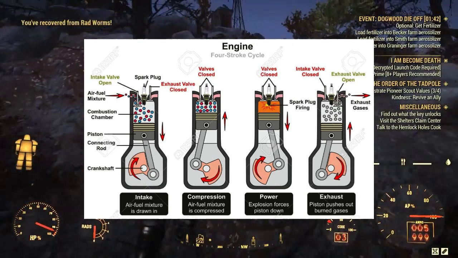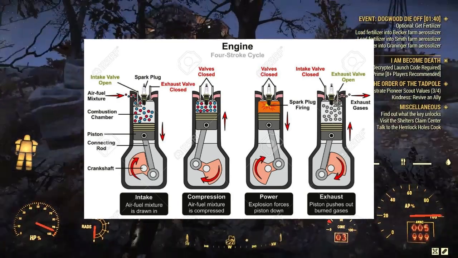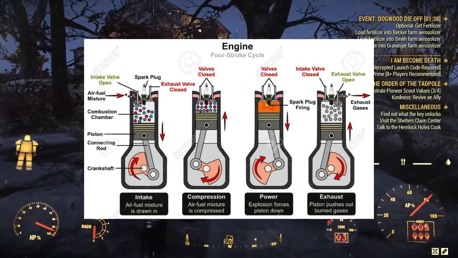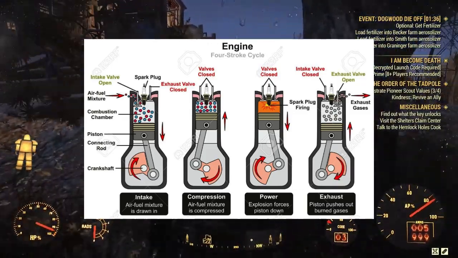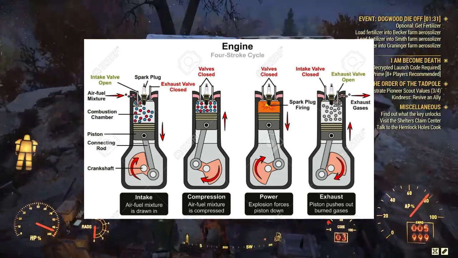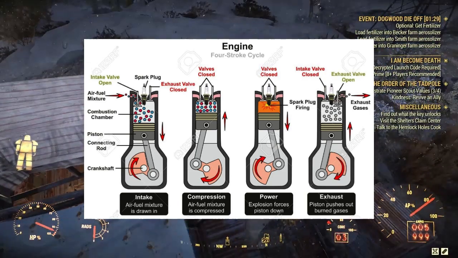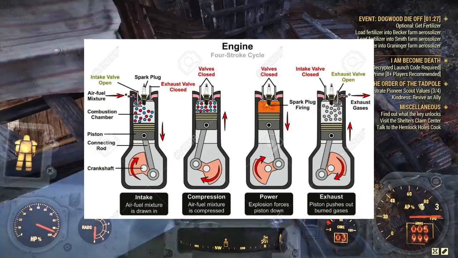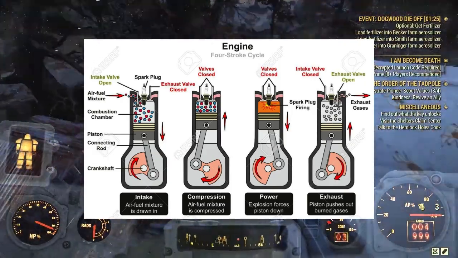First it is compressed, then a spark plug sparks, creating an open arcing, similar to lightning, and therefore setting off a controlled explosion. So that is possible thanks to those three parts, and one of them is the cylinder heads.